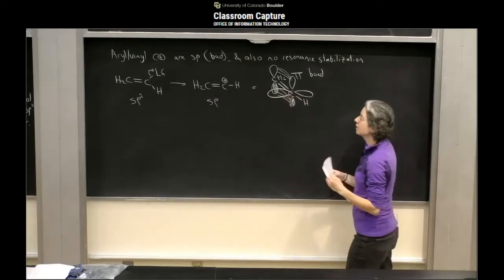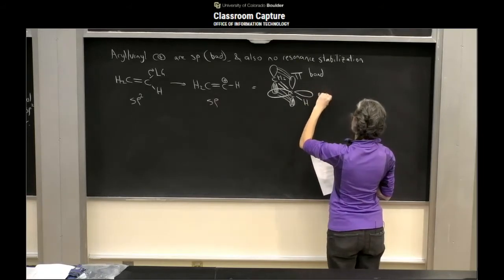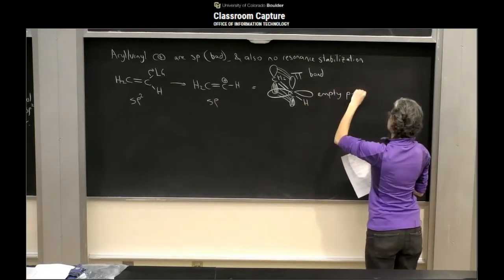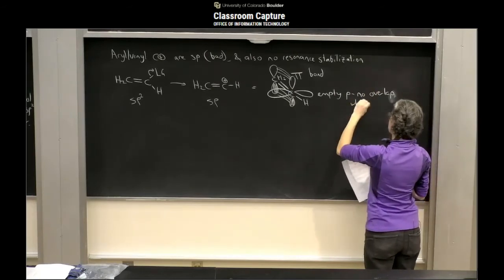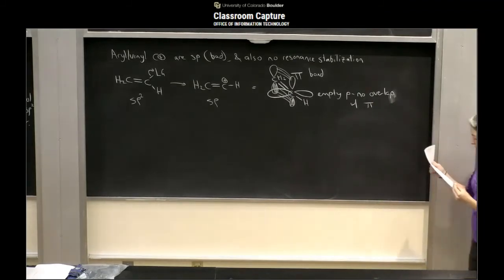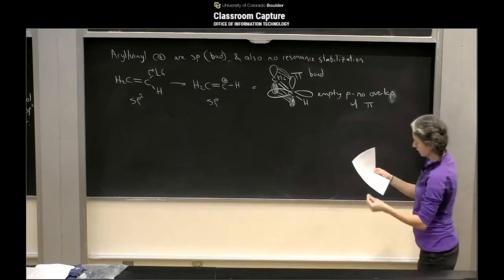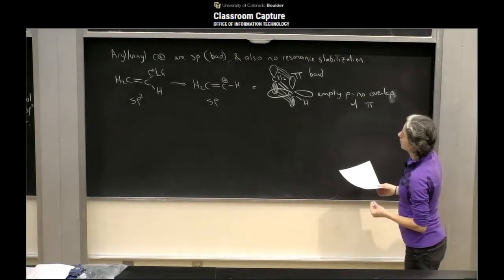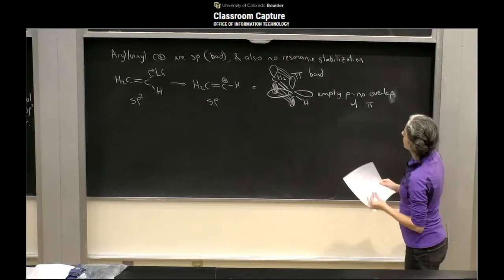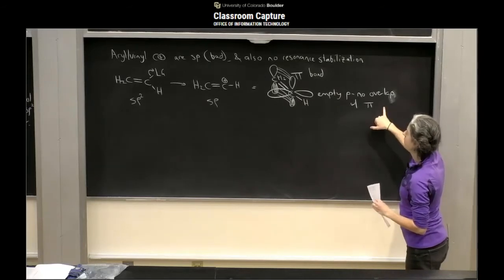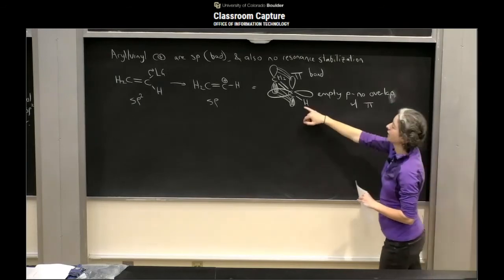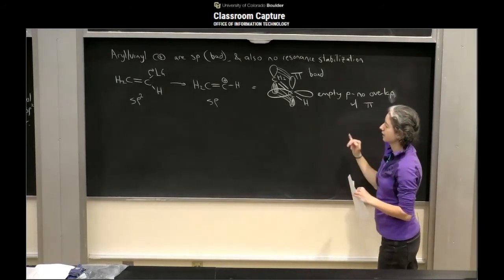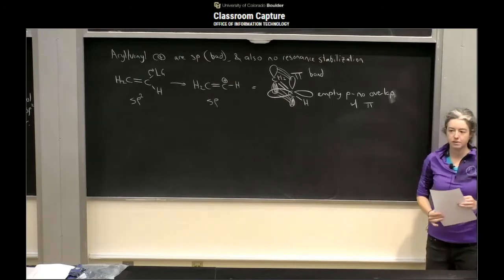There's no resonance that can stabilize it. Okay. All right, so I guess that's two factors that are working against vinyl carbocation formation. Questions about those ones?